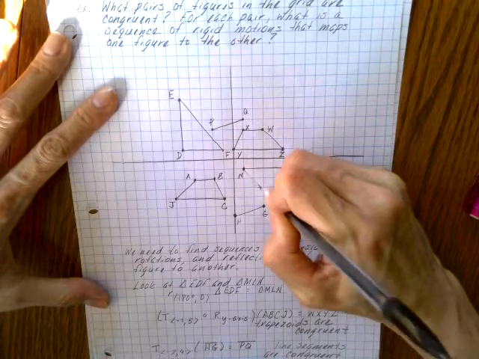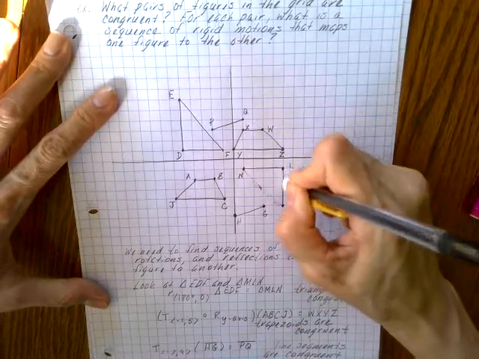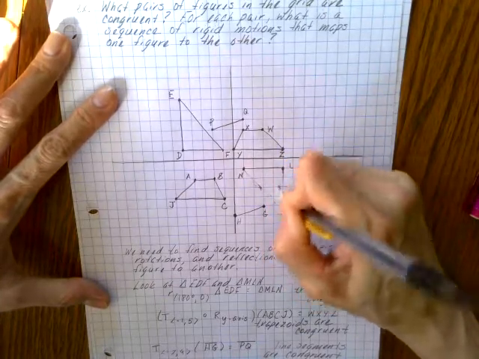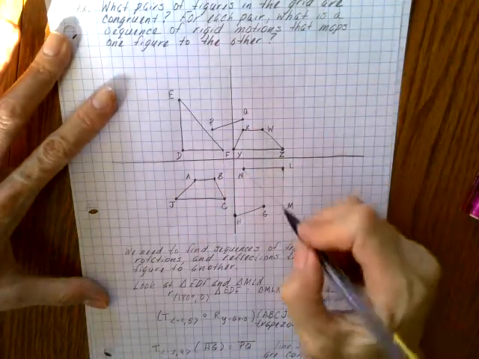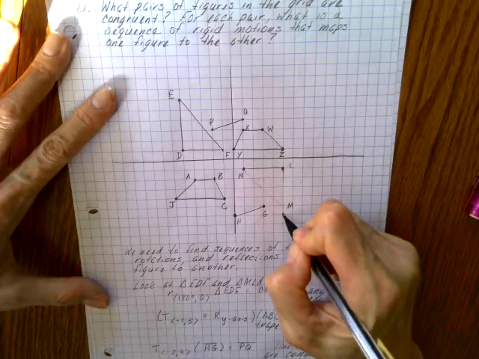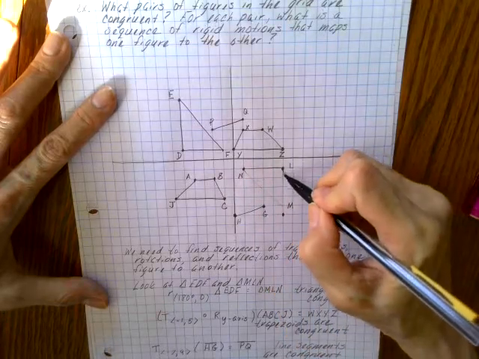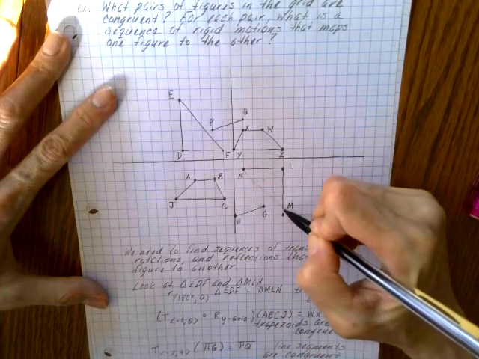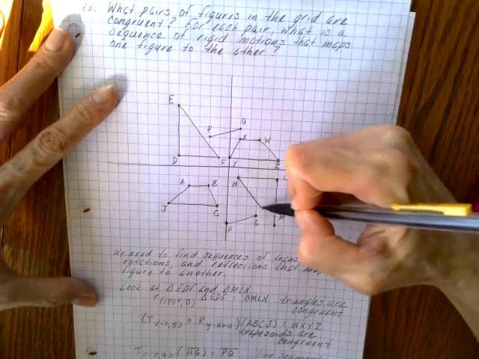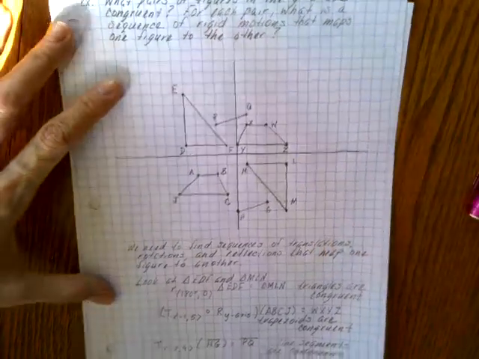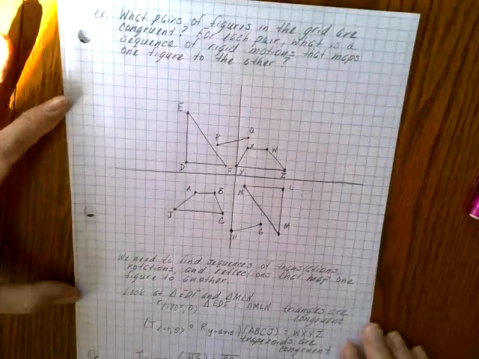This is why I like to do everything in pencil, because I totally make mistakes. So let's move M down here a little bit. M should actually be here, I think, and then they should look much better. Oh, yes, much better. Okay, fixed it.